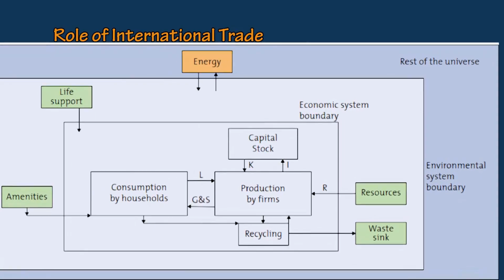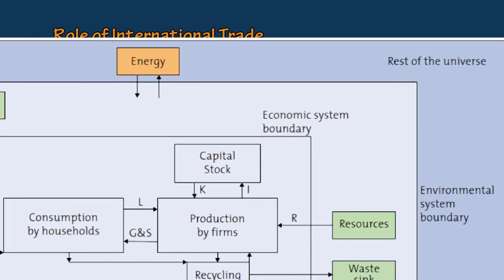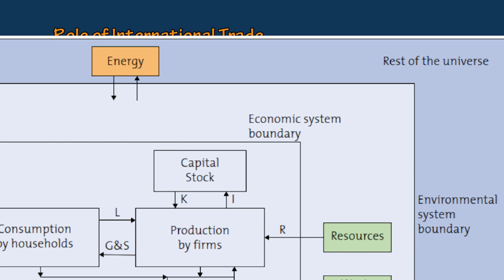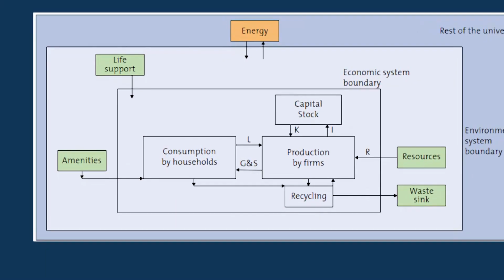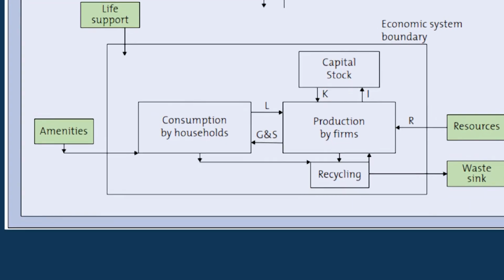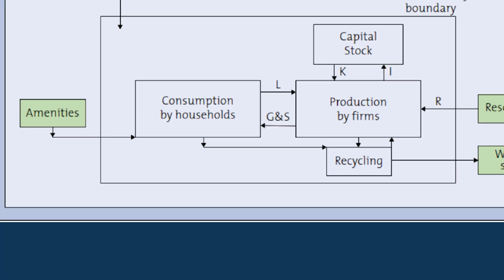So here on the upper right hand panel we can see that there is also a positive relationship between higher trade volume and GDP per capita. So it basically shows that trade induces higher growth, and as a result it can be argued that this higher growth leads to higher carbon emission. On the lower left hand panel we can see that there is a positive relationship between higher trade volume and the share of industry in an economy.